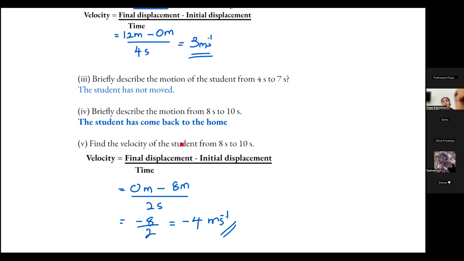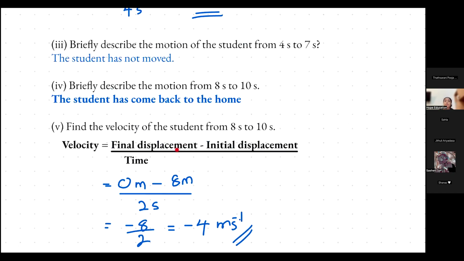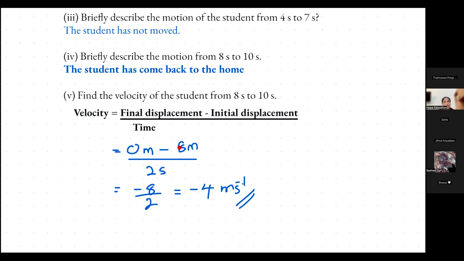Almost all the time when we have displacement values and you are asked to find velocity, we always use velocity equals final displacement minus initial displacement divided by time. We use the same method. The only thing that is different is the values.